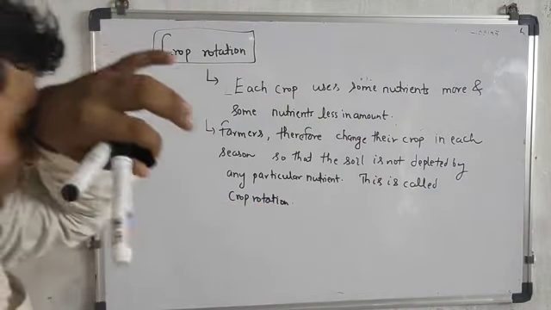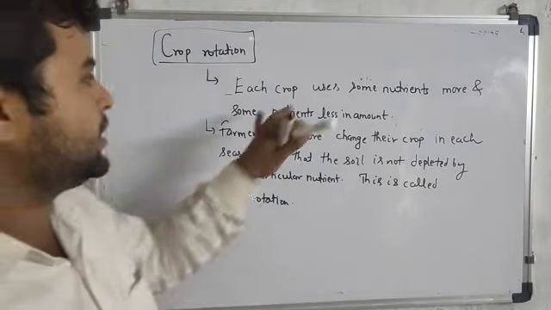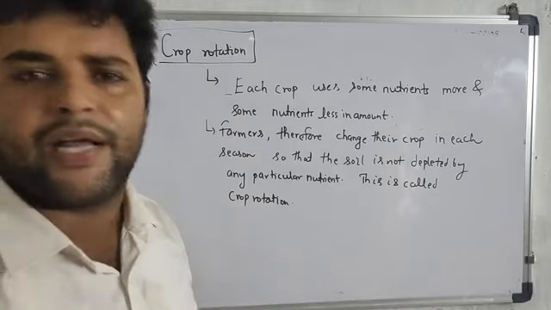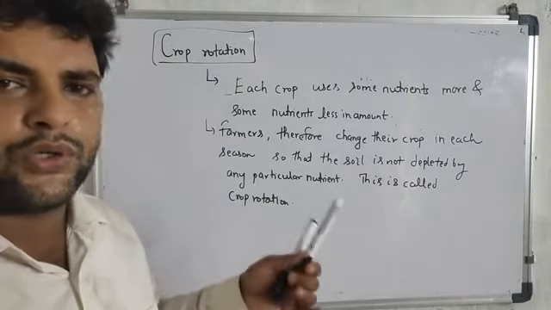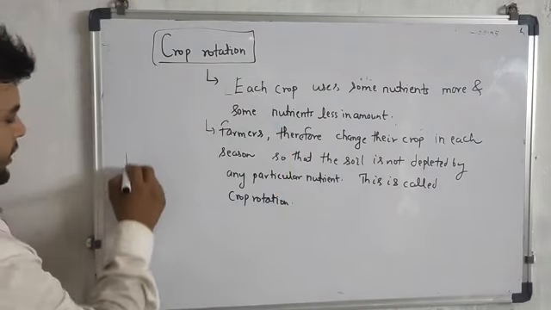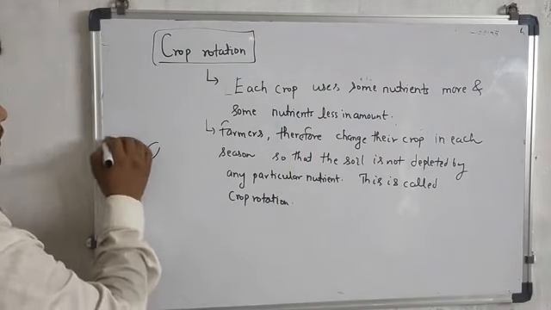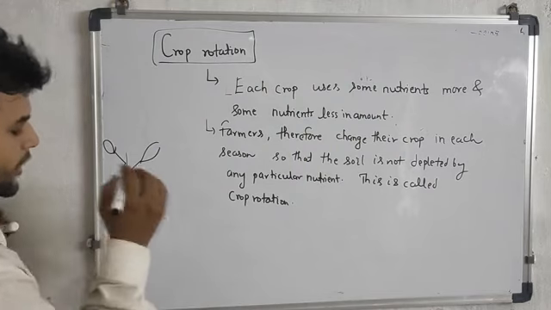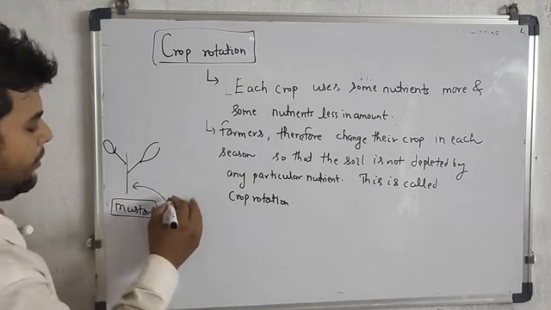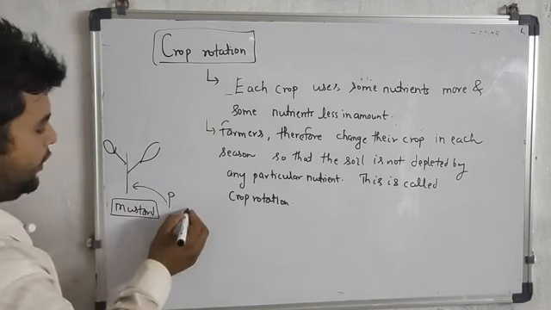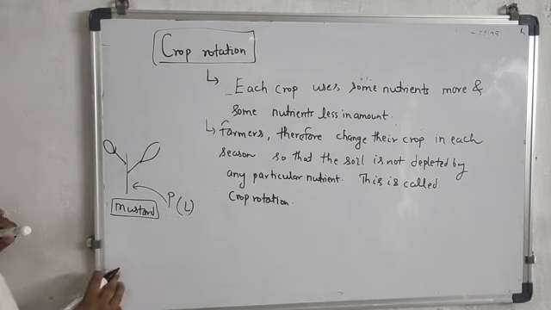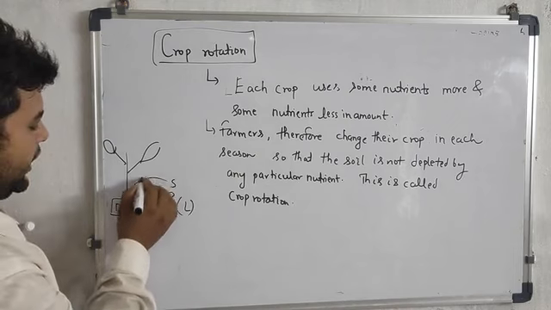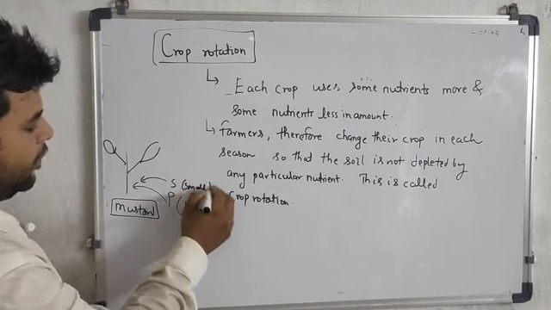Okay, so here the definition which we are going to discuss, that as we know that the requirements of each and every crop is different. Suppose this is the mustard plant. Suppose it requires a large amount of phosphorus, so it is required in large amount, but the amount of sulfur which is taken by mustard is very small.